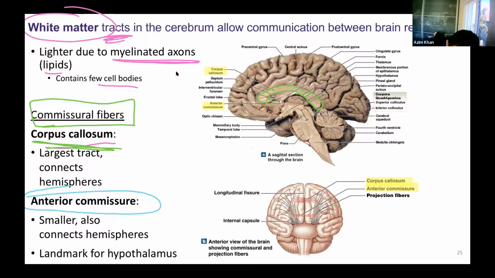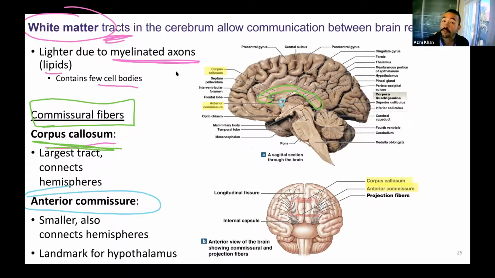And the anterior commissure is very small. It's a small circle right here. That is the anterior commissure. Much smaller, but again, axons are crossing from left to right, right to left.